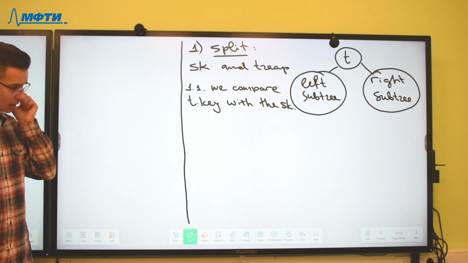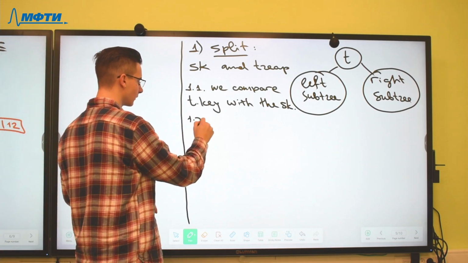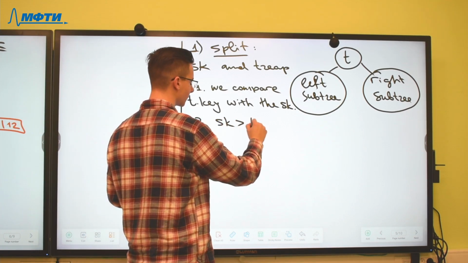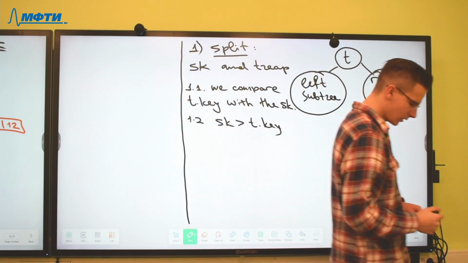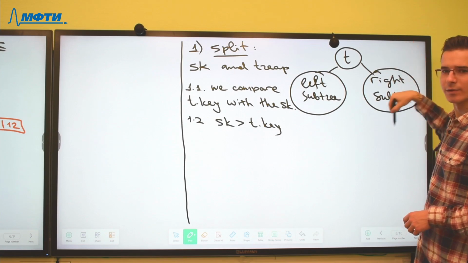So if sk is bigger than tk, it means that we need to split the right subtree. Yes.